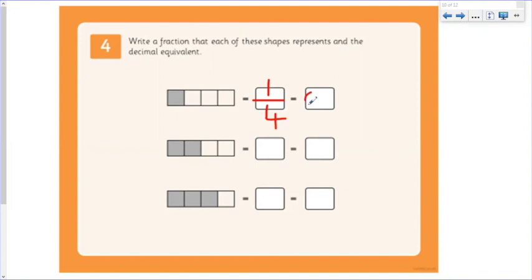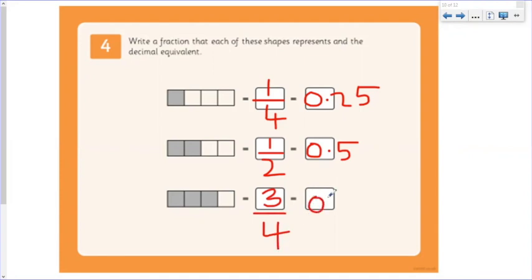And we know that as a decimal fraction, that is 0.25. 2 of the 4 shapes are shaded, so we know that that as a fraction is a half, 1/2, which we know as a decimal is 0.5. 3 of the 4 shapes are shaded, that's 3/4, which we know is 0.75.